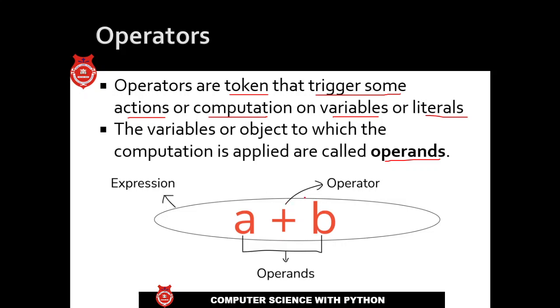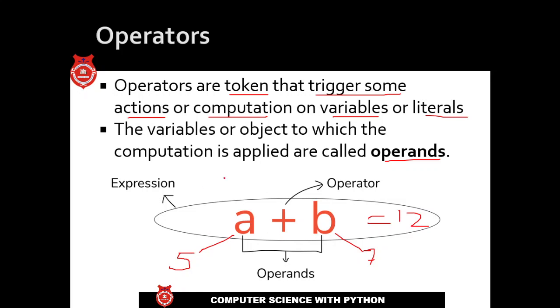Plus is the action which has to be done. A and B are the operands, and the whole thing is known as an expression. For example, A is 5 and B is 7, and A plus B will produce 12. So this plus is the operator.